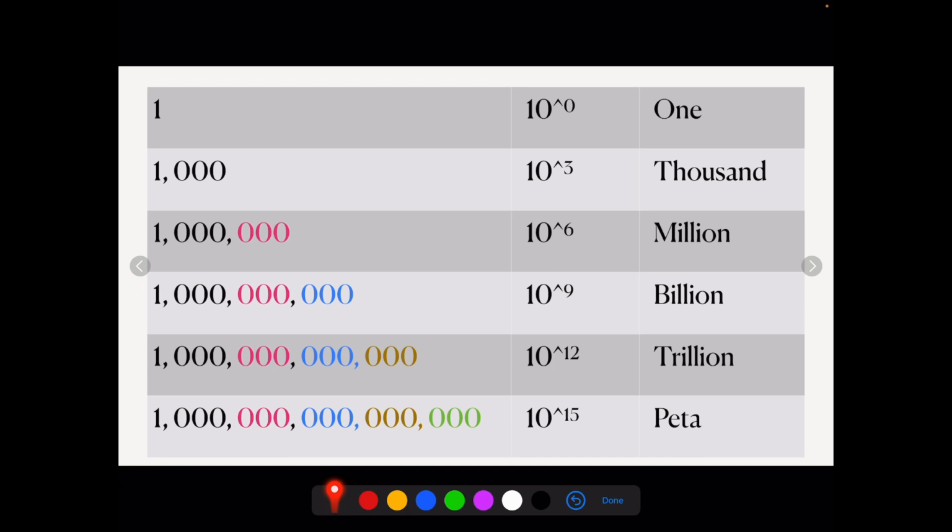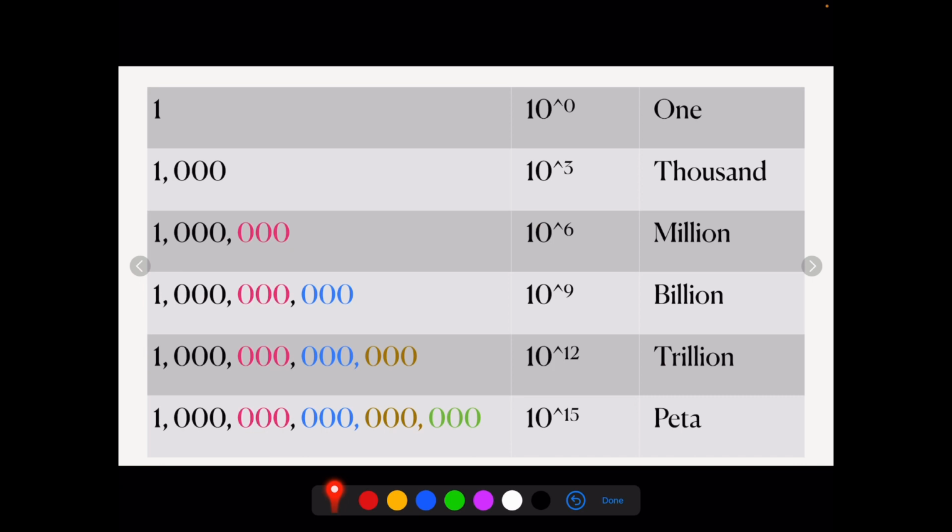Now go to the very next large number, which is million. In the million, you will find 3 additional trailing zeros from the previous number, so it is 10 to the power 6, or 6 zeros.